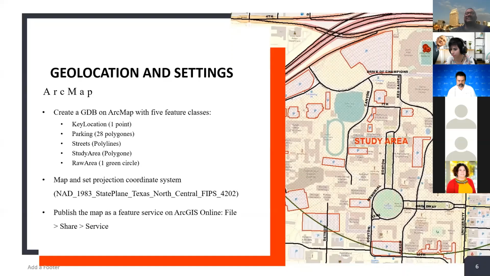So what I did, I went to the Department of GIS and Data Services of the city of Lubbock, where I downloaded the street centerline shapefile, and I used that shapefile to have my street feature class in my geodatabase and on my map. So this process resulted in a total of 5 feature classes, all manually created except the street polyline feature class.